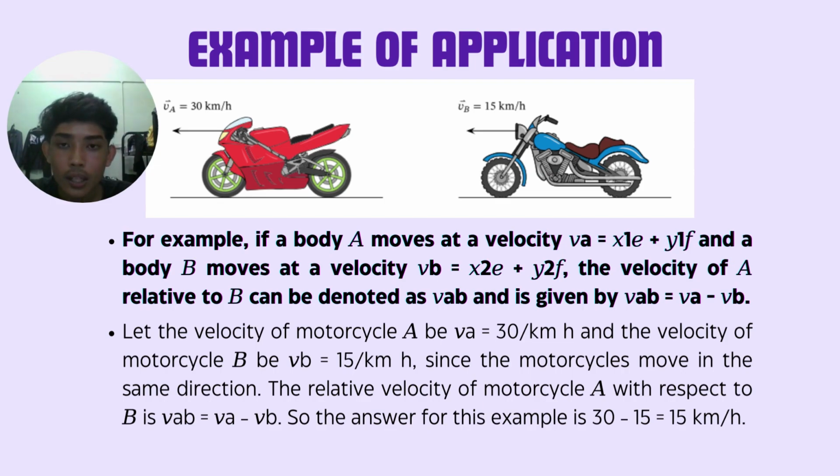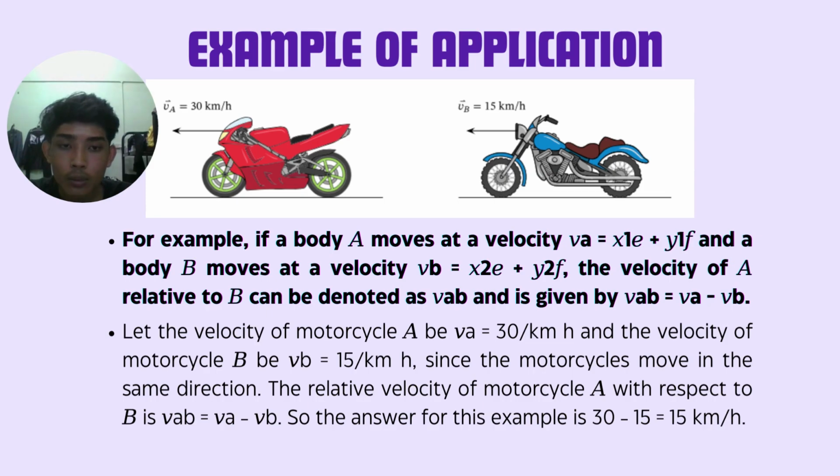Now we go to the example of this application. As we can see in the figure, the red motorcycle is moving with a speed of 30 km per hour. Meanwhile, the blue motorcycle is moving with a speed of 15 km per hour.